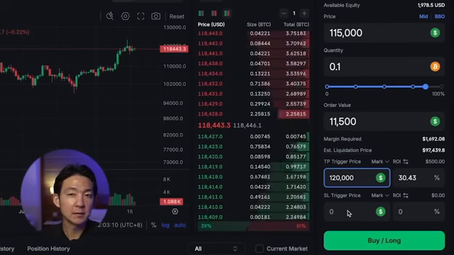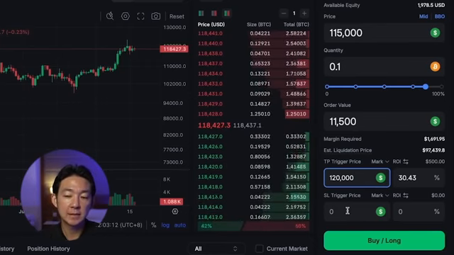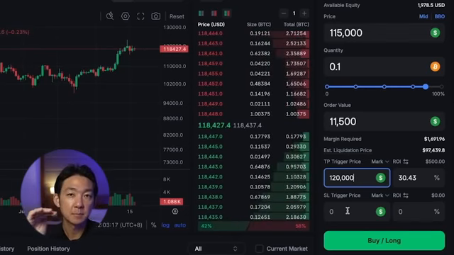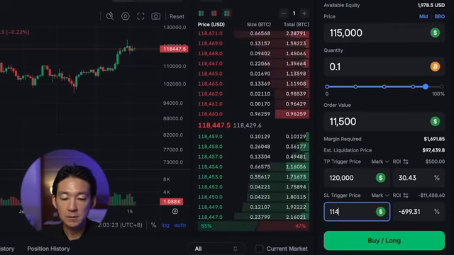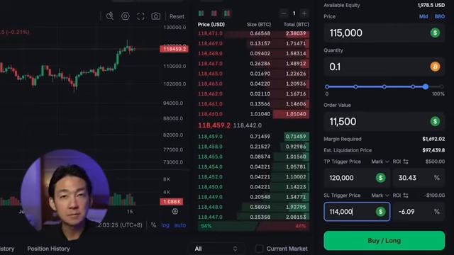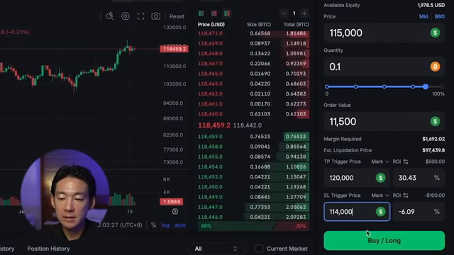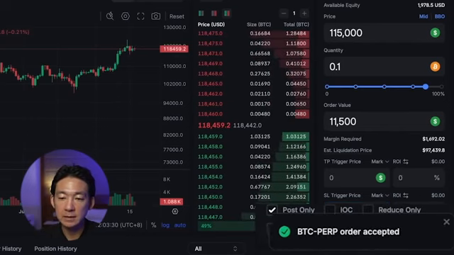Okay. And on the other hand, the stop loss order, SL, is going to be below the buying price for the buy order. So let's say I'm going to take a loss at 114,000. Okay. And I can place an order like this.